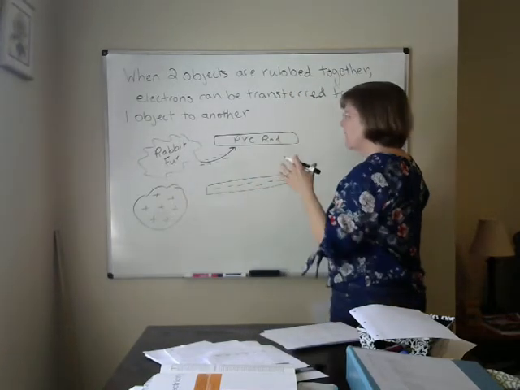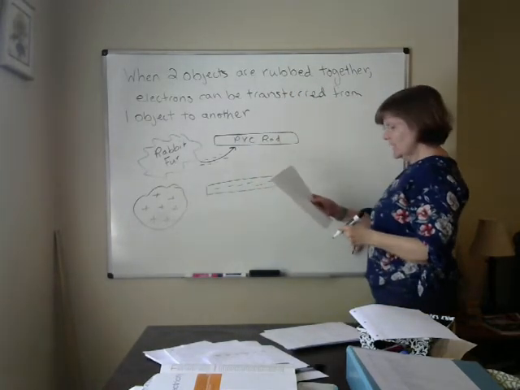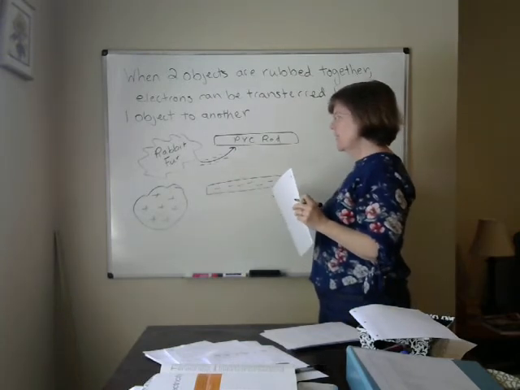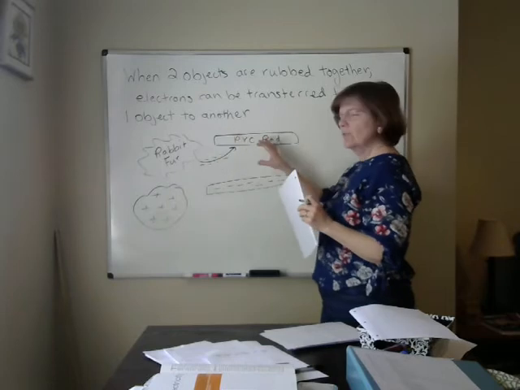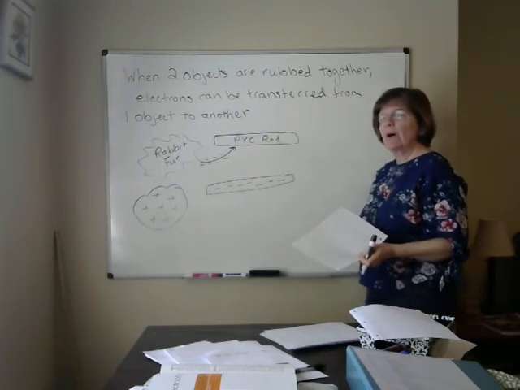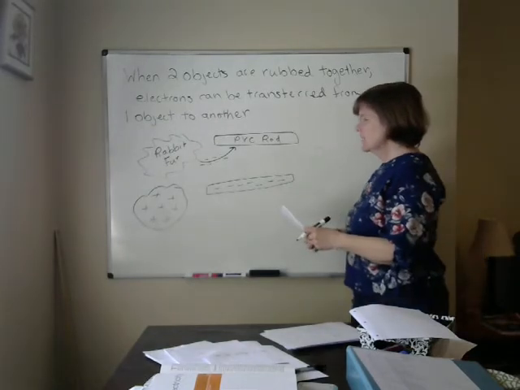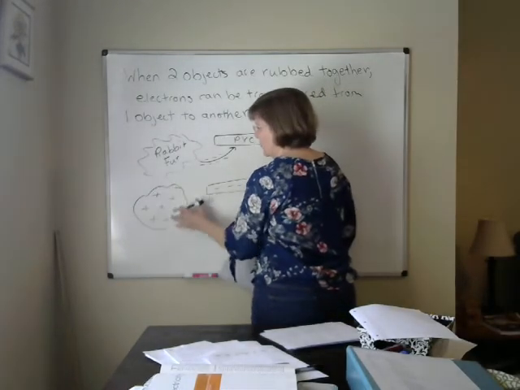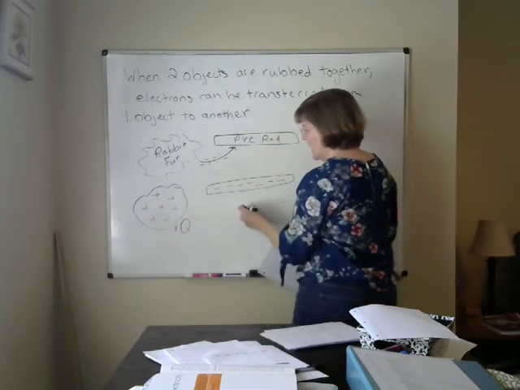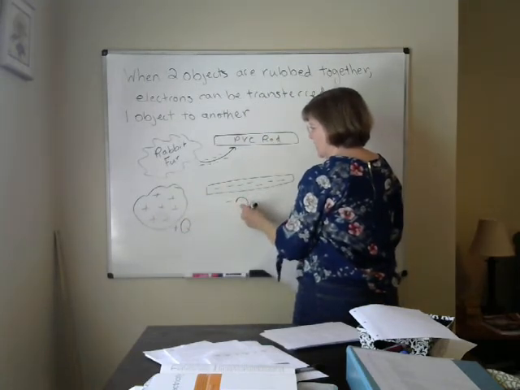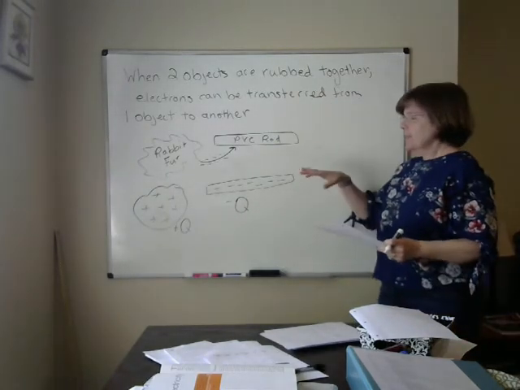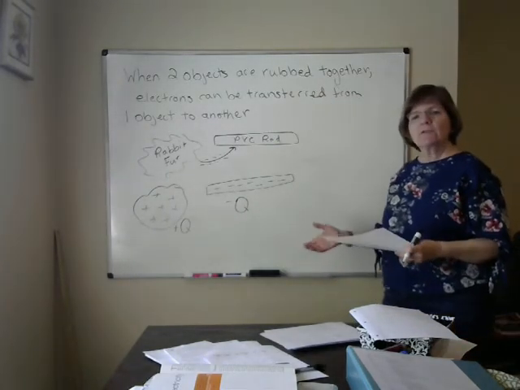Okay. However, what's really important to understand is these two charges have to be equal and opposite. If these were neutral to begin with, that means in all we had equal numbers of positive and negative charges. So if this gained a charge of plus Q, then this rod has to have a charge of minus Q. This is because of the principle of conservation of charge.